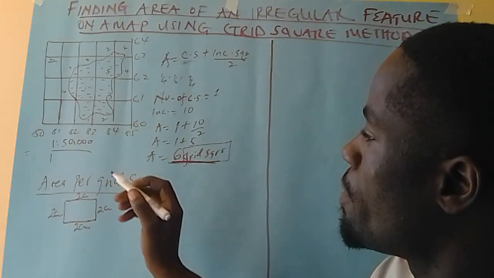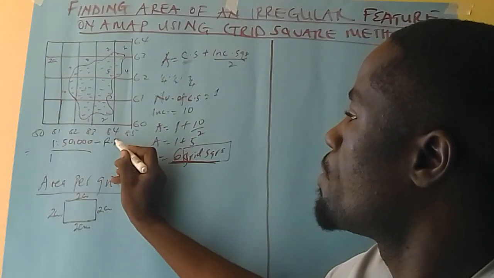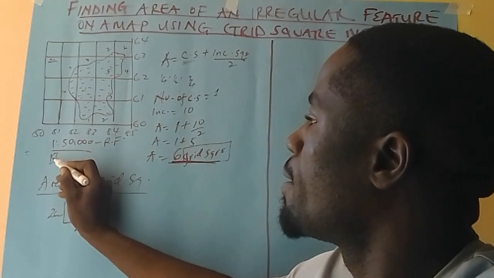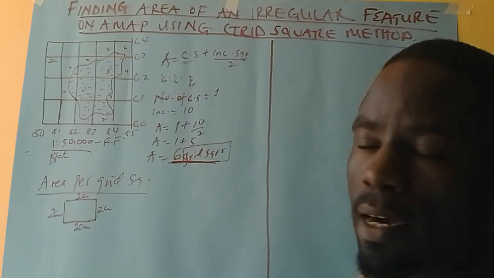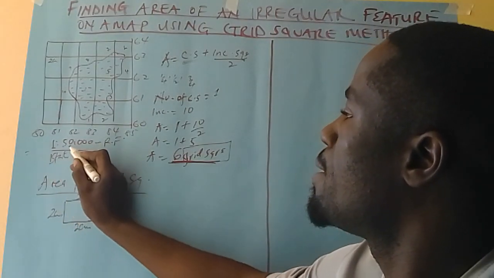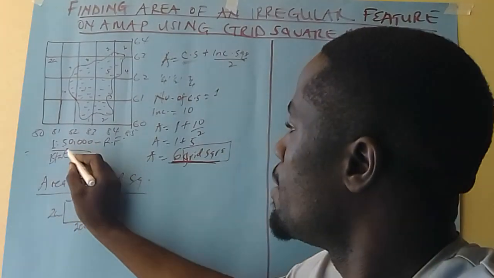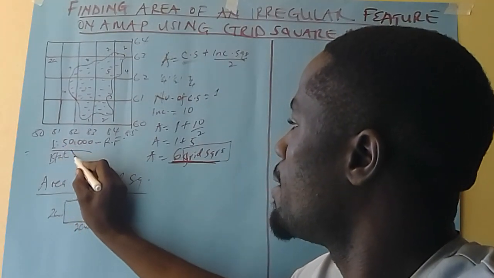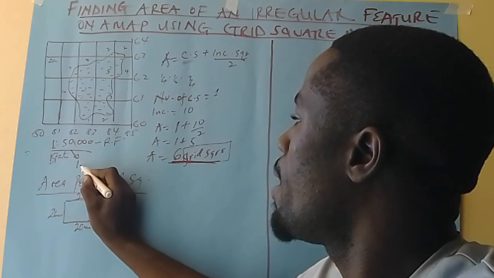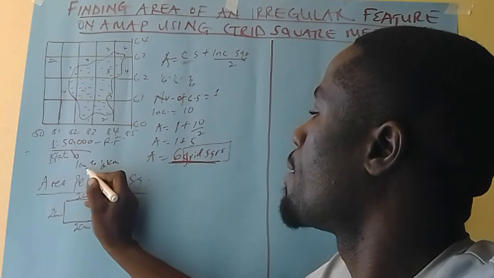But previously we learned how to convert from representative fraction scale to statement. Now we know how to convert. That 1 centimeter on the map represents half a kilometer on the actual ground. Meaning this scale by statement is the same as 1 centimeter to half a kilometer.